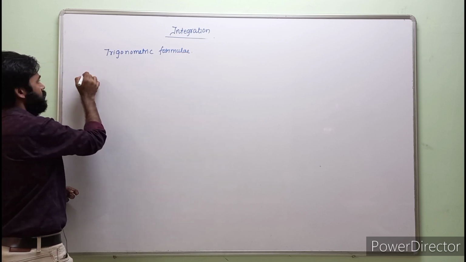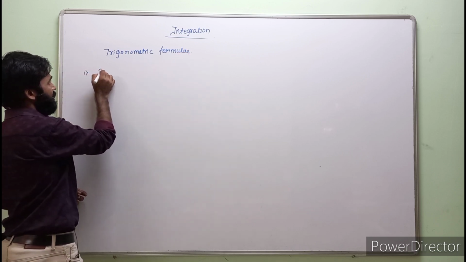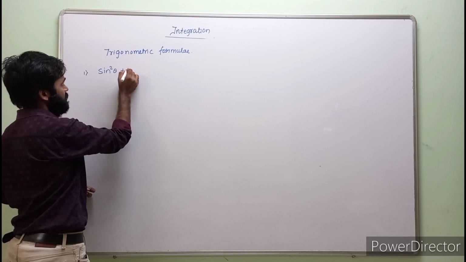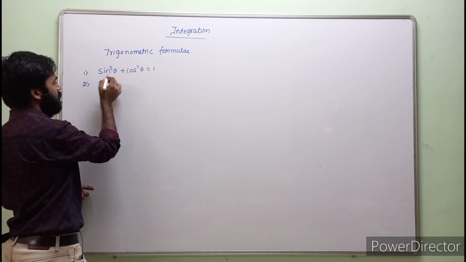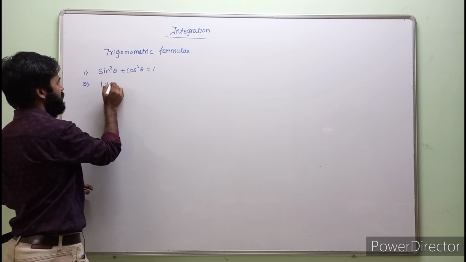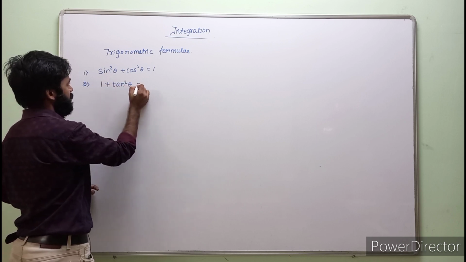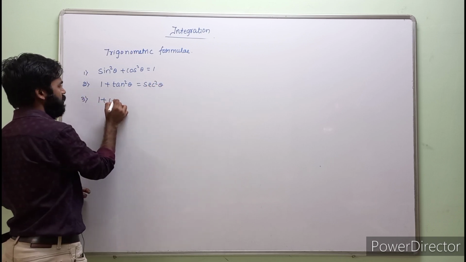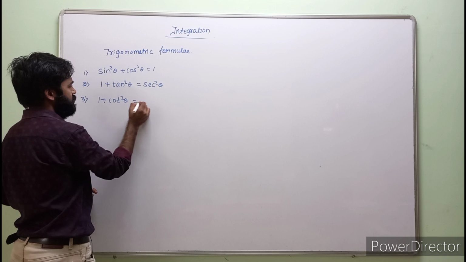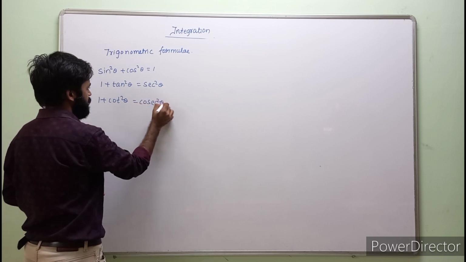Okay, so first one, sin square theta plus cos square theta equals to 1. Second one, 1 plus tan square theta equals to sec square theta. Third one, 1 plus cot square theta equals to cosec square theta.